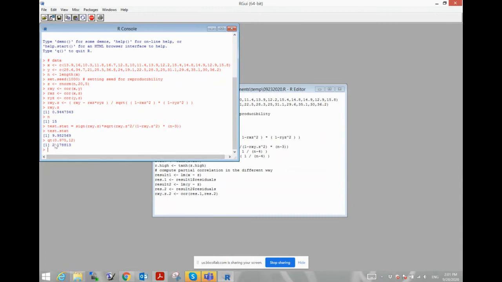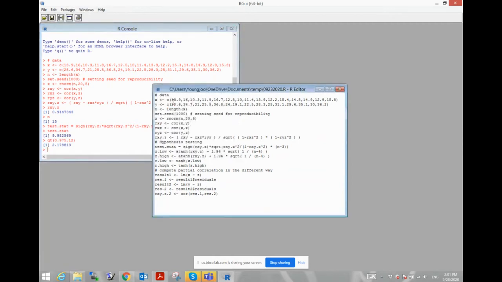And this is greater than the t value, which means that we reject the null hypothesis that the partial correlation is equal to 0, which means that the relationship between x and y may not be explained fully by the z.